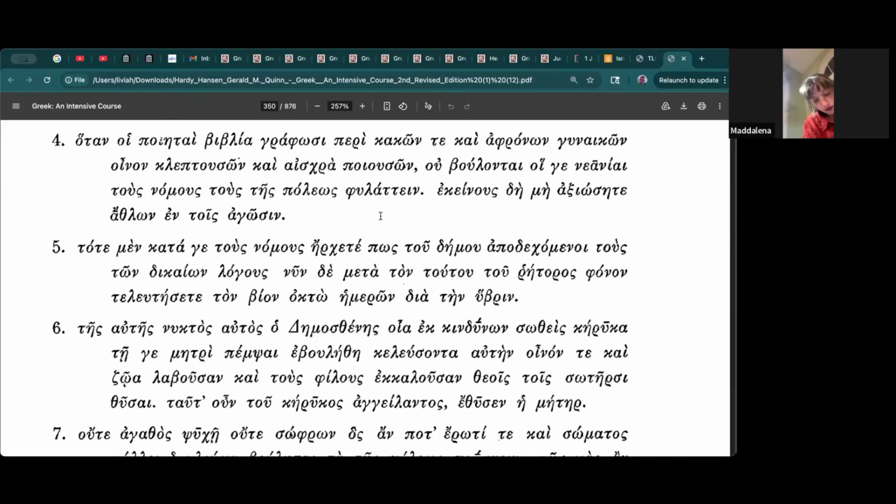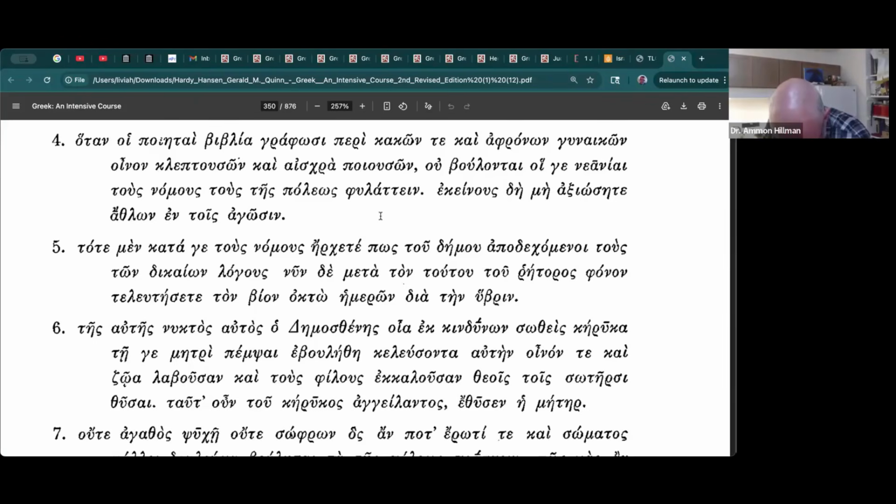So boulontai is indeed a present indicative. So that fits the pattern for the present general on page 320. And if we go to page 322, it doesn't fit the pattern for the future more vivid, because there the main clause has to be a future indicative. And we don't have a future indicative. We have boulontai, right? We have a present.